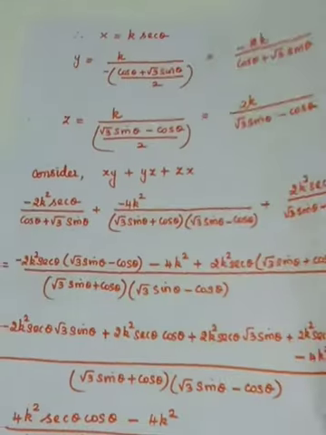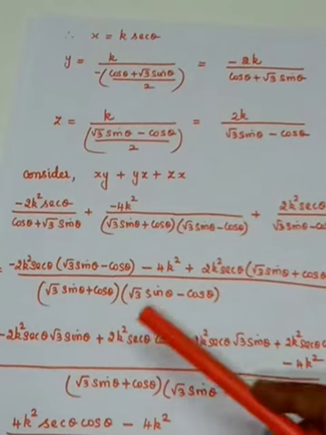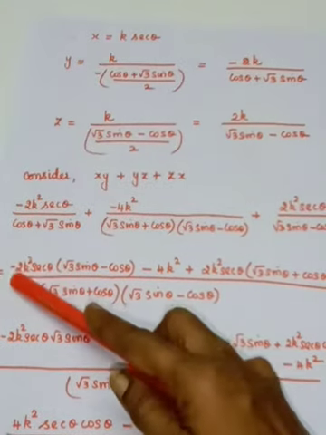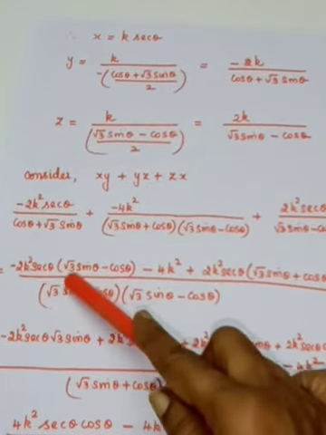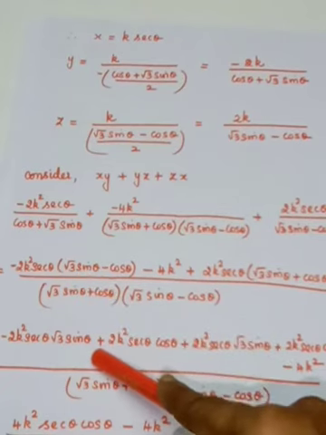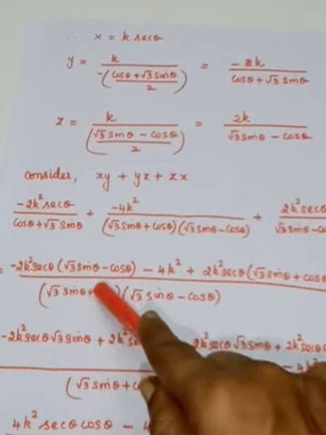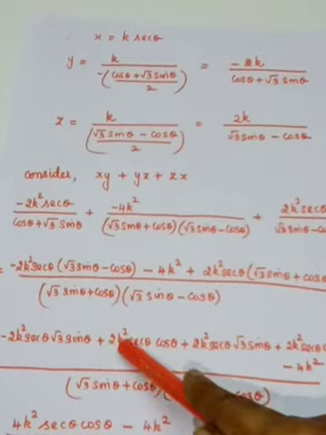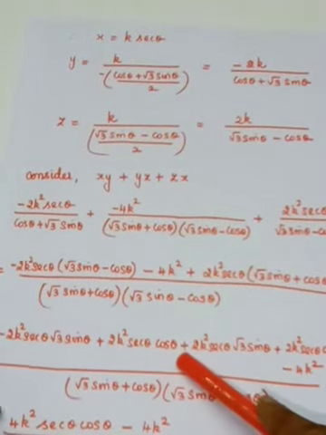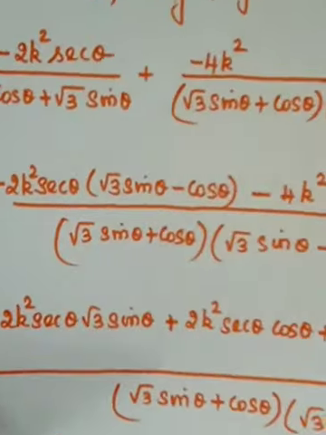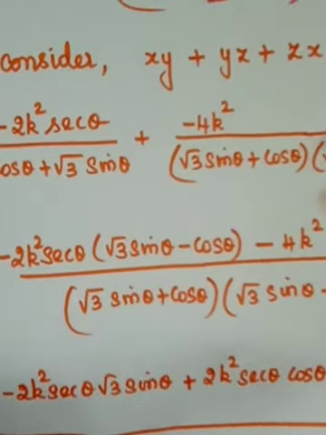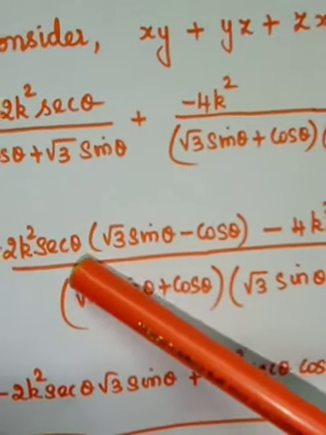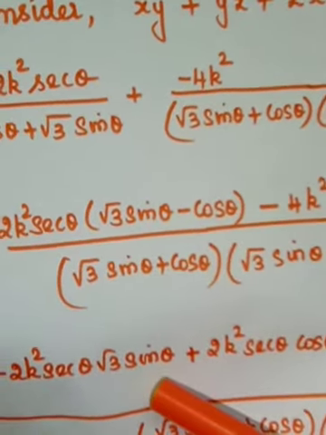And see now, here minus 2k squared secant theta into root 3 sin theta, and minus into minus is plus 2k squared secant theta cos theta. You see now, so you have to multiply. Look at the term: minus 2k squared secant theta into root 3 sin theta.